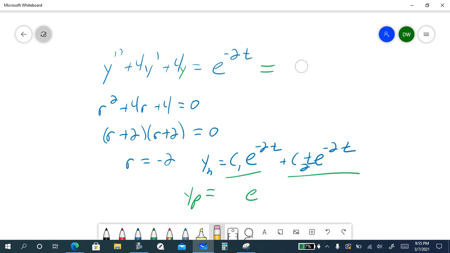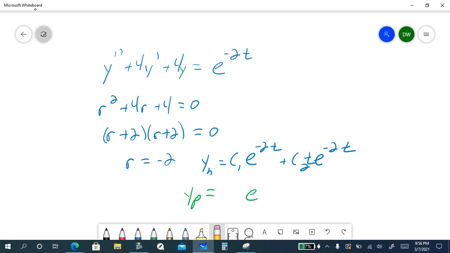And of course, those things are not the same. So if both of these, when they are in our solution, make it equal 0, then how are we going to get e to the negative 2t when we add our second derivative plus 4 times our first derivative plus 4 times our function?